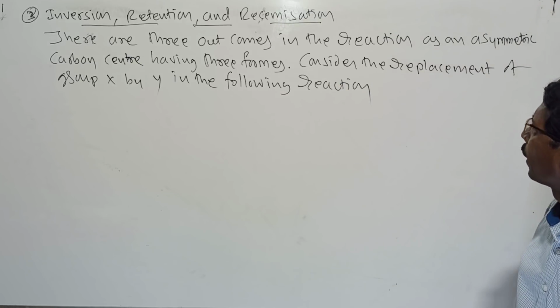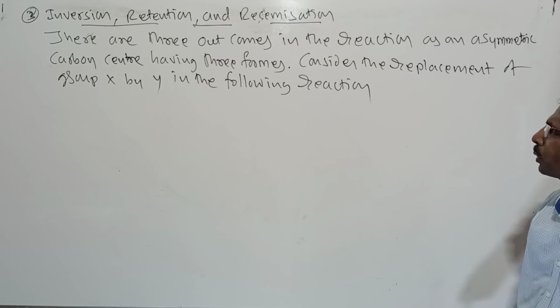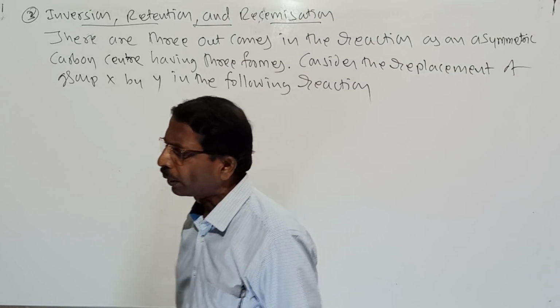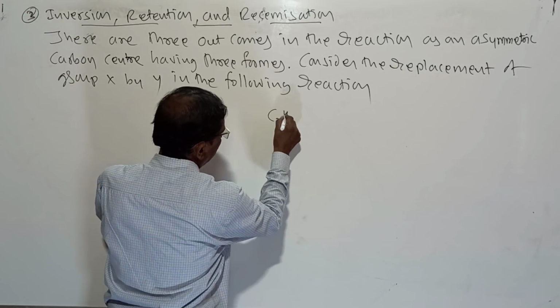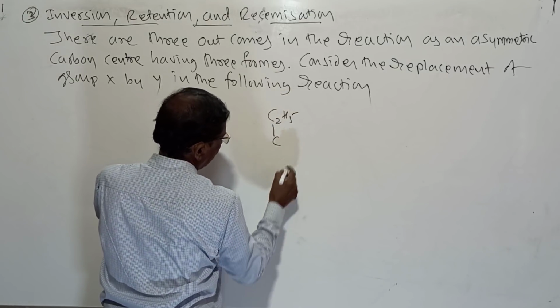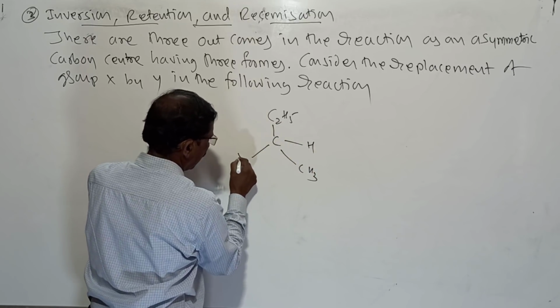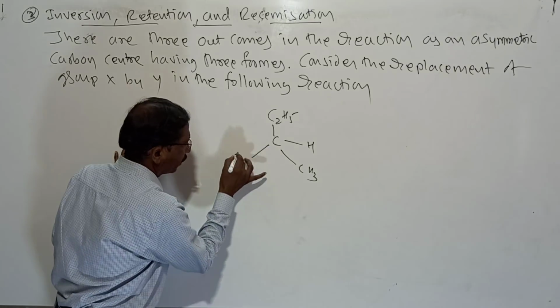There are three outcomes in the reaction at an asymmetric carbon center. I will do one reaction here. I will write C2H5, C, H, CH3, and X.